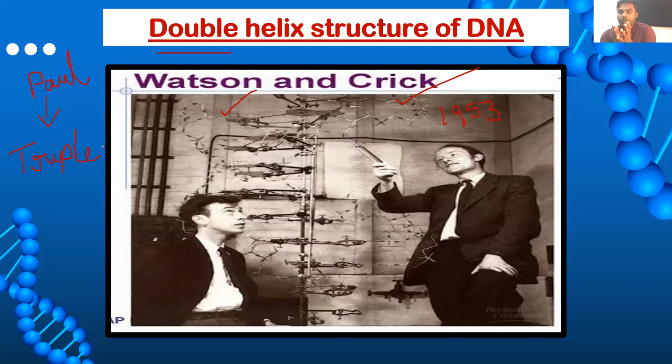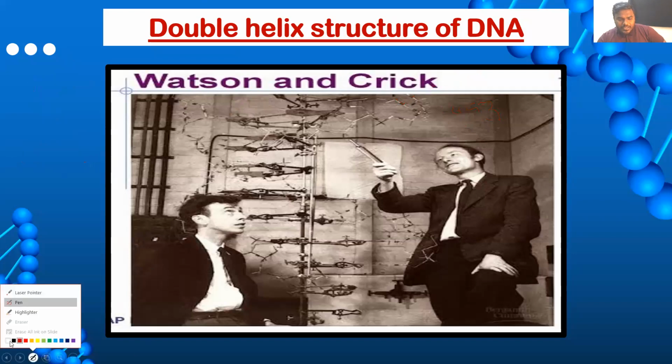But most of the scientists opposed this triple helical model. What is the reason? There was no structural proof and no experimental evidence to prove that the triple helical structure is the real model for DNA. So that's why this model was completely opposed.